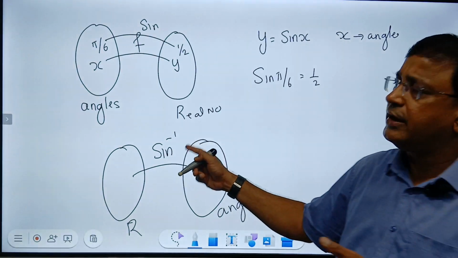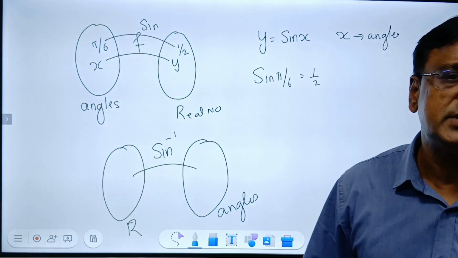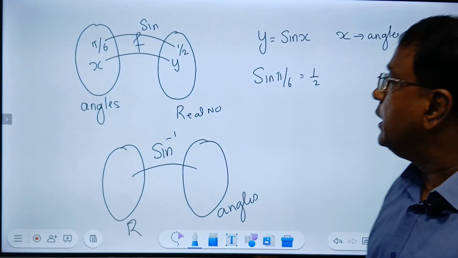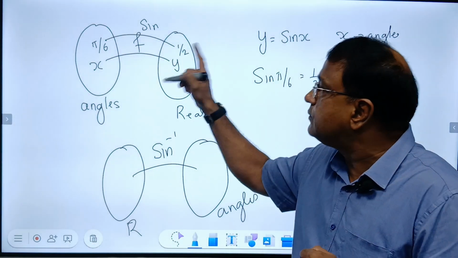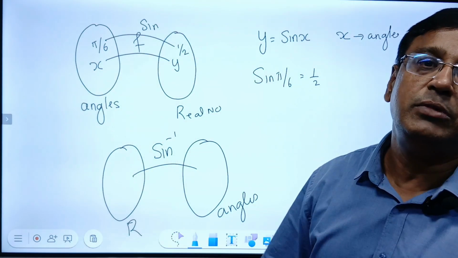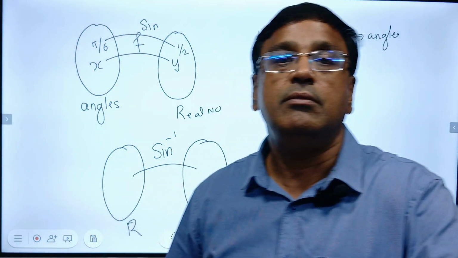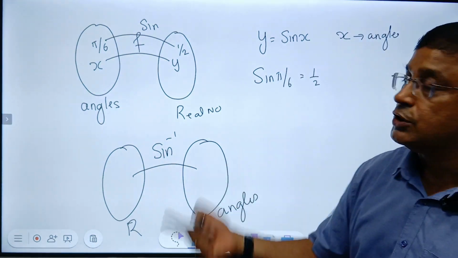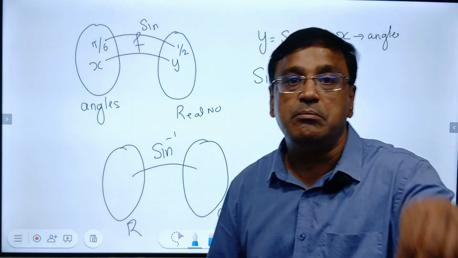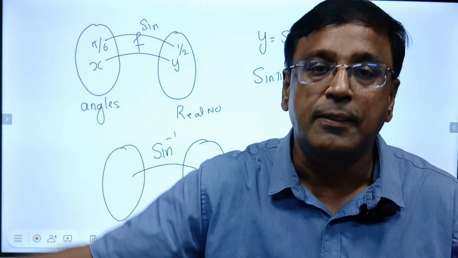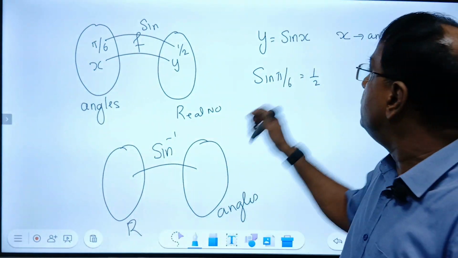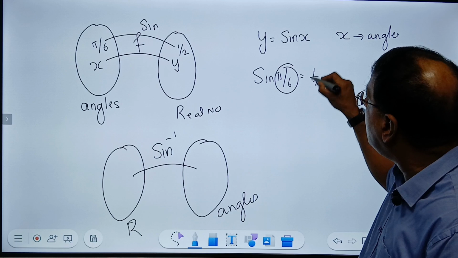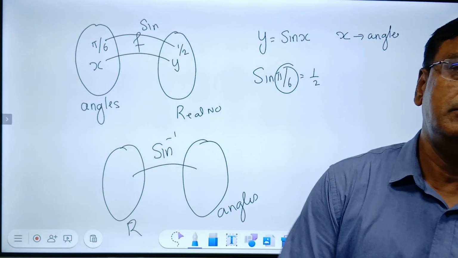For example, I take sine inverse. You can have sine inverse, cos inverse, tan inverse, everything. So when sine takes angles to real numbers, sine inverse will take real numbers to angles. So in inverse trigonometric function, the input is a number, output is an angle. But in trigonometric function, the input is an angle and the output is a real number.